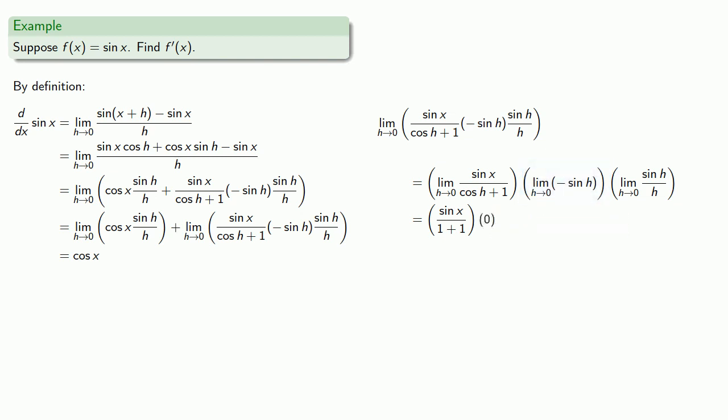And since we're multiplying these together, it really doesn't matter what the other limit does, but it's worth remembering that the limit as h goes to 0 of sine h over h is equal to 1, and the limit of the product is the product of these 3, 0, and so our derivative of sine is equal to cosine. And the important thing to note here is that this is consistent with our expectations that the derivative of sine is going to be cosine something.